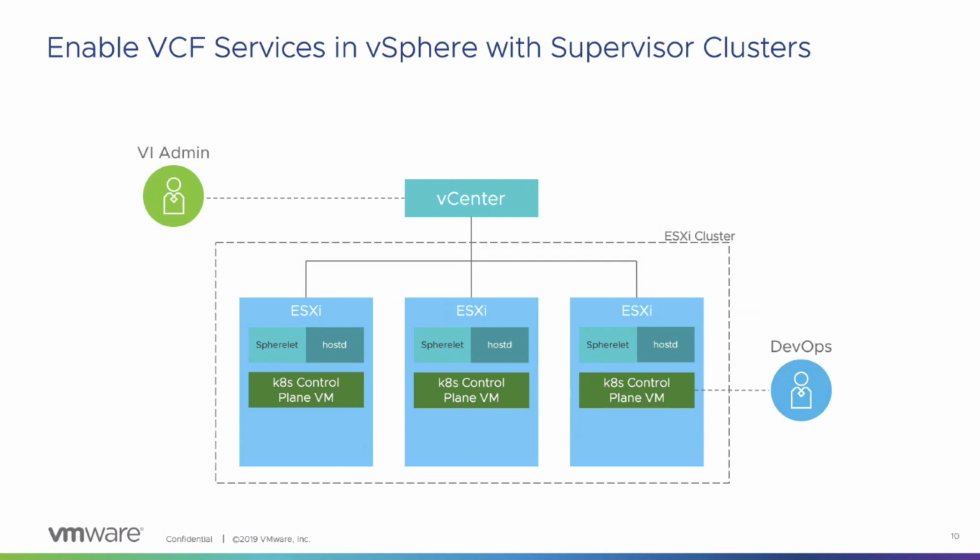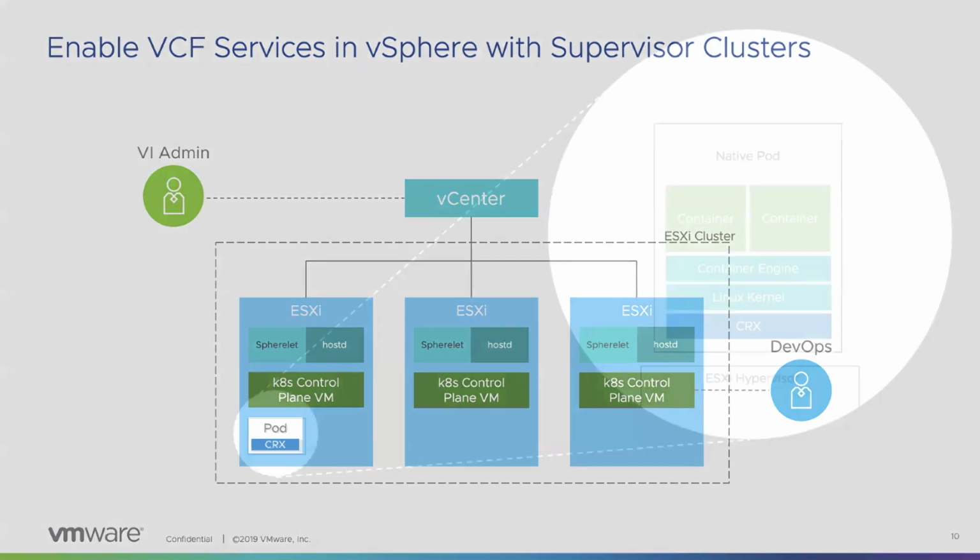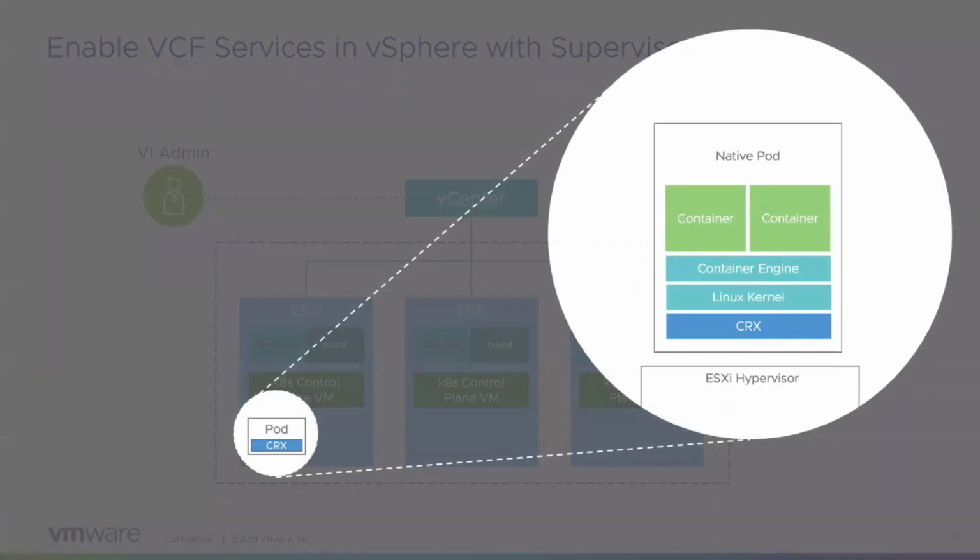With this setup, a DevOps user can talk to the Kubernetes control plane to say, kube control, deploy a pod for me, or a deployment. These pods will be created directly on the ESXi hypervisor. It's different from the pods you would normally see running on a Linux VM, so these pods are a little bit special. We actually built a native runtime for the ESXi hypervisor.